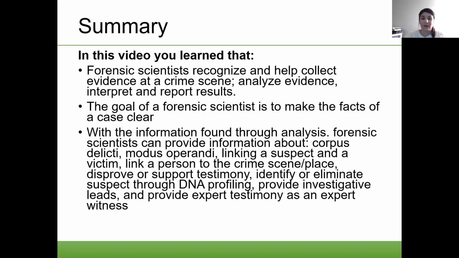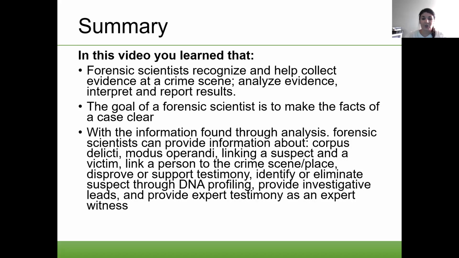With the information found through their analyses, forensic scientists can provide information about the body of the crime, the motive or the method of operation of the crime, linking a suspect and a victim, linking a person to the crime scene or a place, disproving or supporting testimony of someone, identifying or eliminating suspects through DNA profiling.